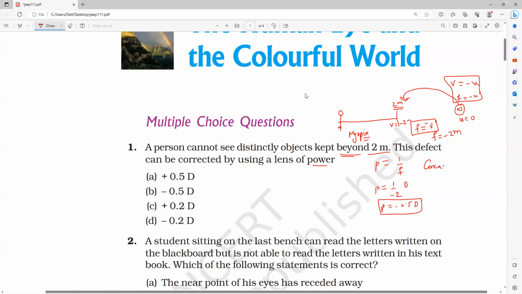We'll use a concave lens. Concave lens means diverging lens or converging lens? It is a diverging lens whose focal length is negative and whose power is negative. So the answer is minus 0.5 dioptres. Am I right, Harish? Solve it. That shortcut also you have to remember.